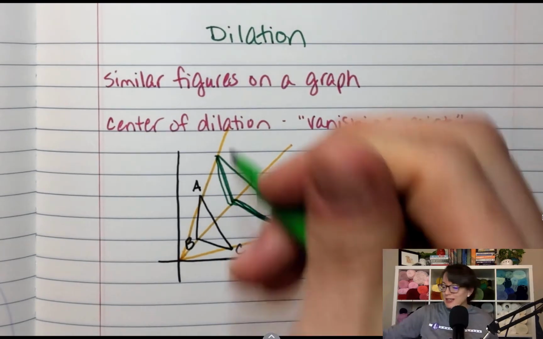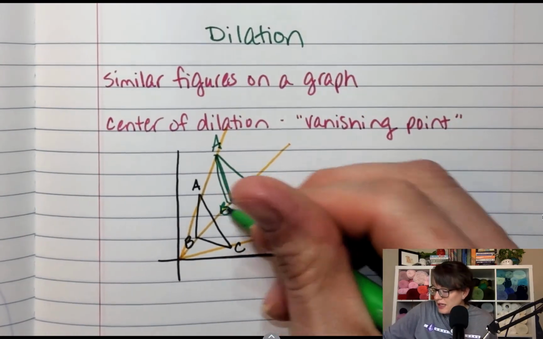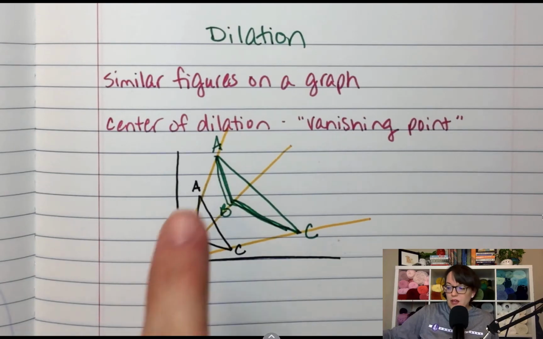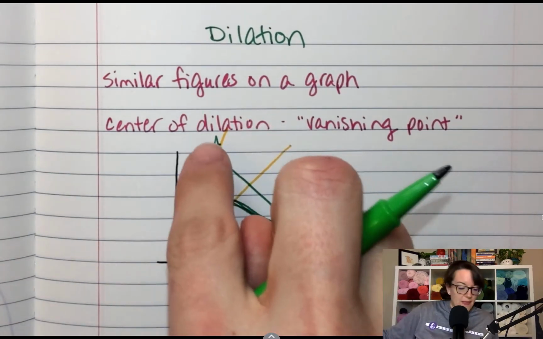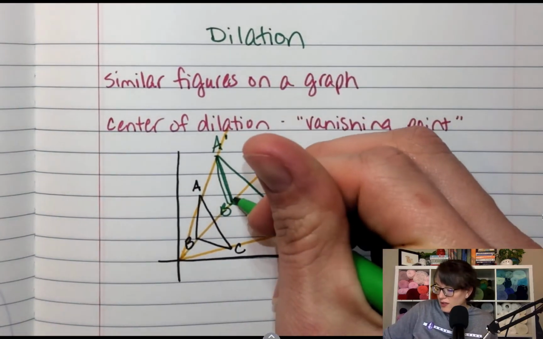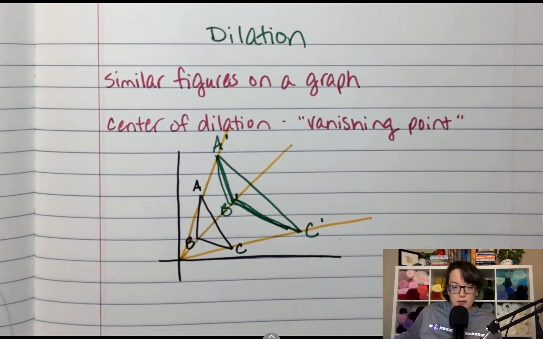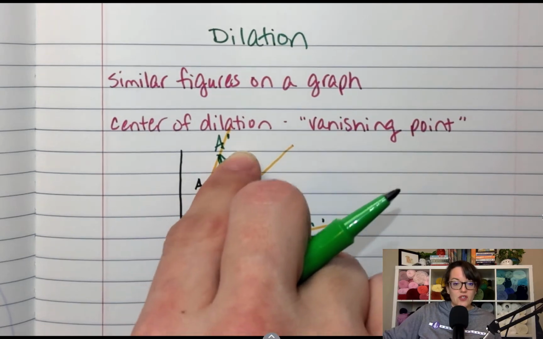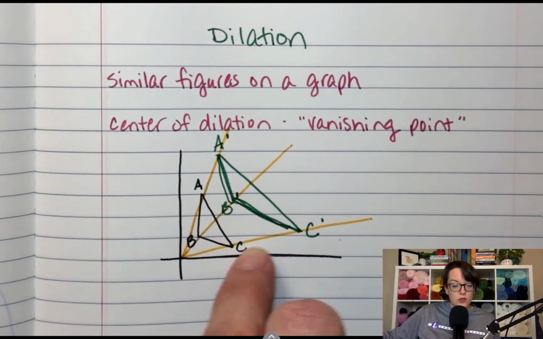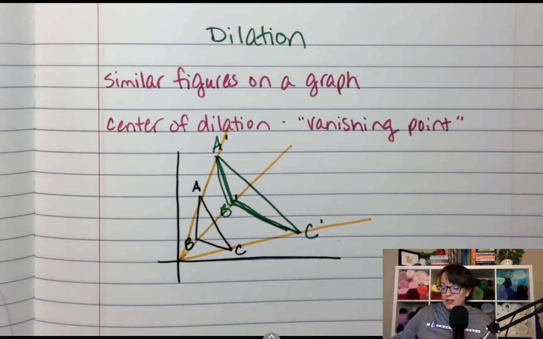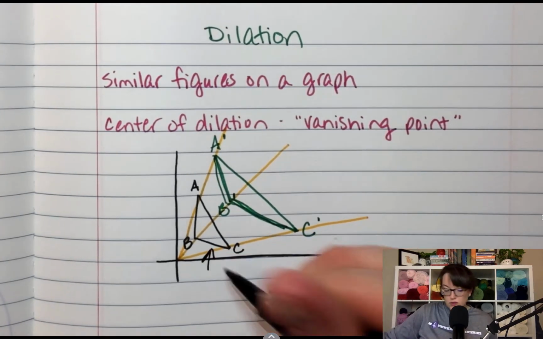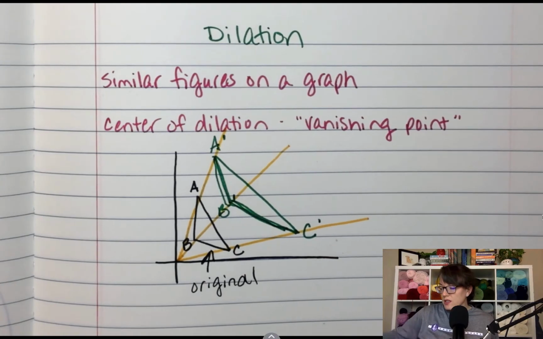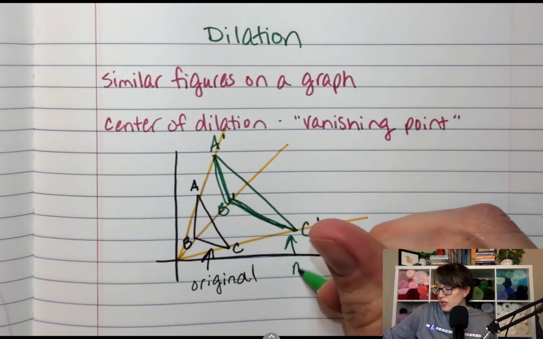Okay, so there's a bigger triangle. This is A, B, C. So that we can tell the difference between this A and this A, the original A is just A. The other A has a little 1 next to it, and the B has a little 1, and the C has a little 1, so that we can differentiate the original A from the new A. Original B, original C, new C. The one with the little 1 is the new shape.